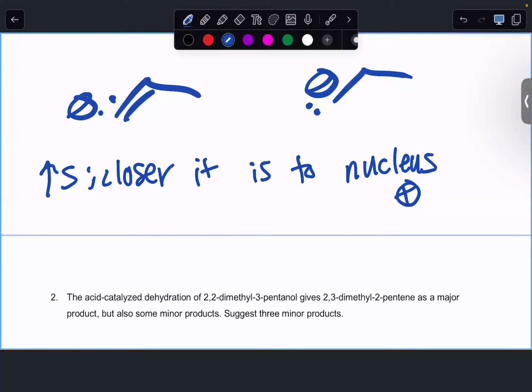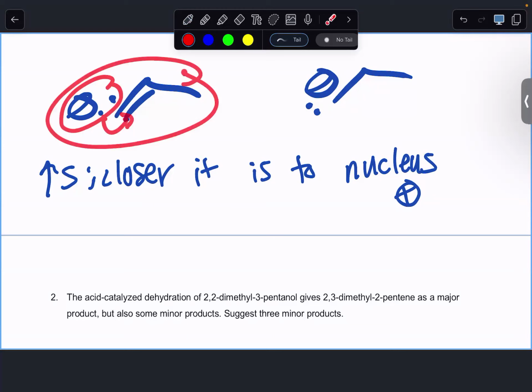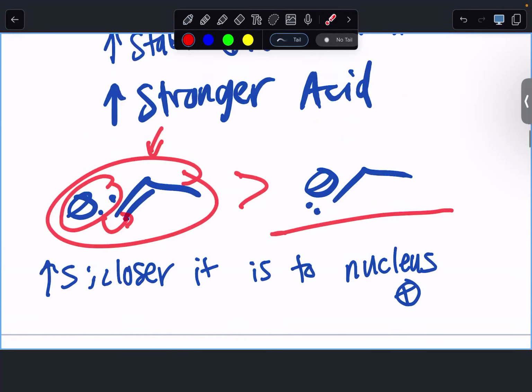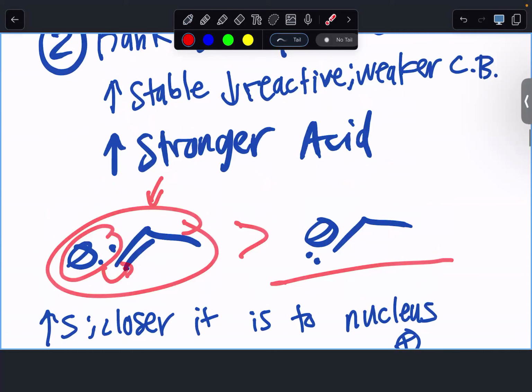And will the negative charge be more stabilized by being closer to the nucleus or destabilized by being closer to the nucleus? More stabilized, right? Because opposite charges attract. We see that this negative charge here is closer to the positive charges, which is why this negative charge is more stable than this negative charge. More stable conjugate base, stronger acid. Right.